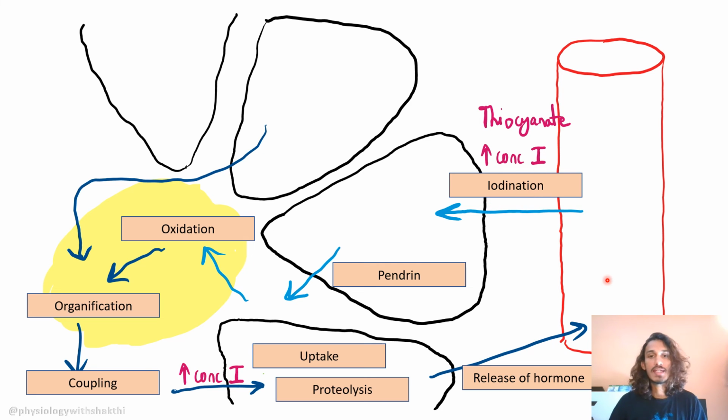Other than that, it also affects the step after coupling: uptake, proteolysis, release of hormone. Just note, it's actually the uptake that is affected, and because of that, ultimately release of hormone is also affected. So in the Wolff-Chaikoff effect, a very high concentration of iodide will affect iodide trapping as well as the uptake into the follicular cell and release of the hormone steps.